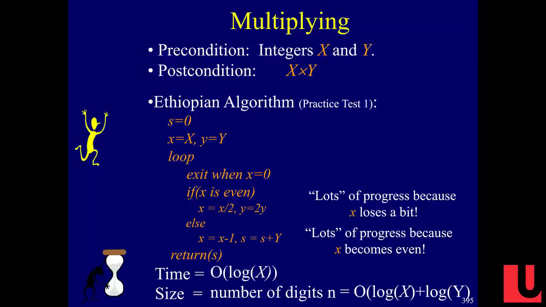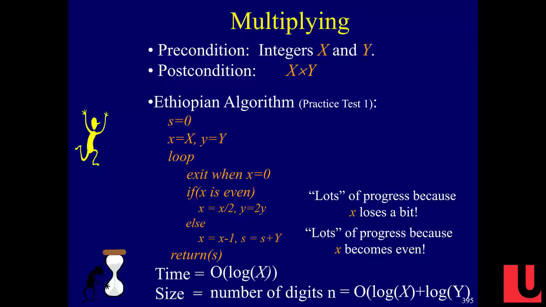And then what do I do? I divide x by 2. When I divide x by 2, that gets rid of this. Everybody see that? And then I check to see if it's even or odd. In this case, it's even. So I don't add in the current value of y.